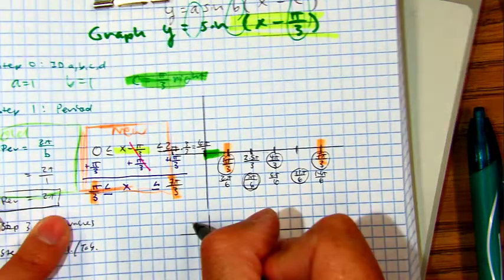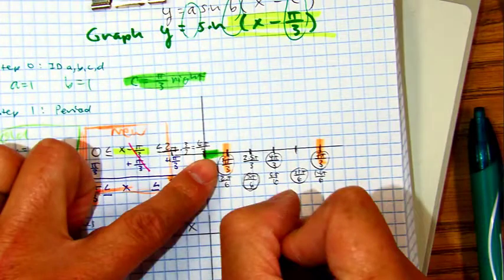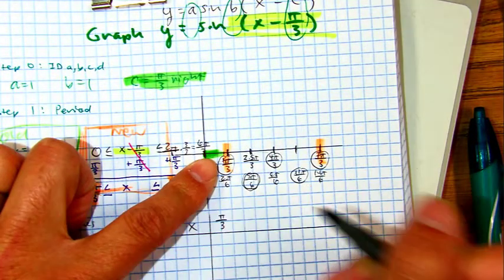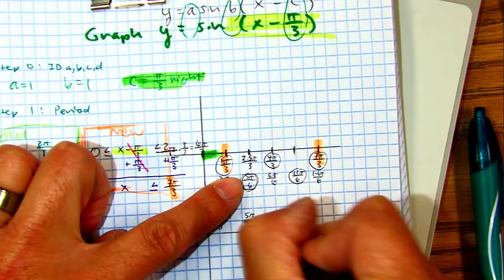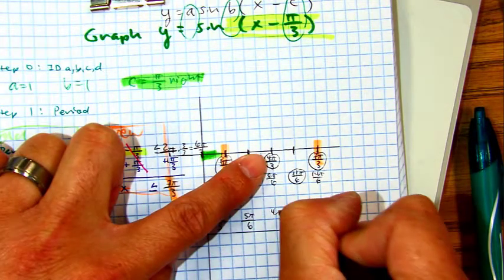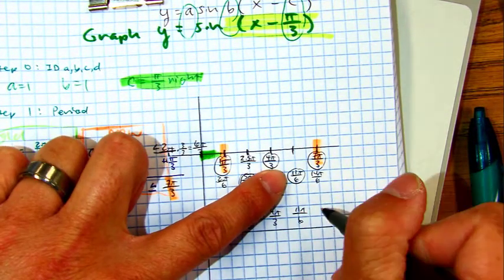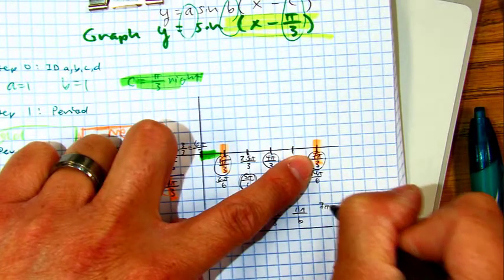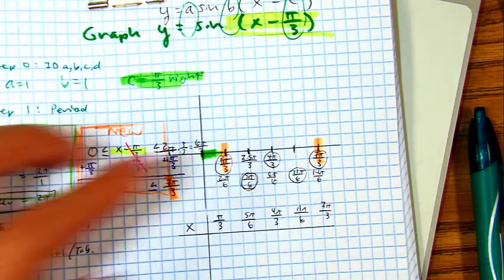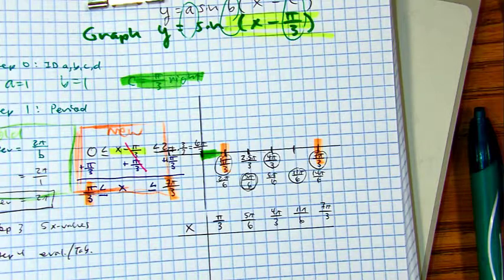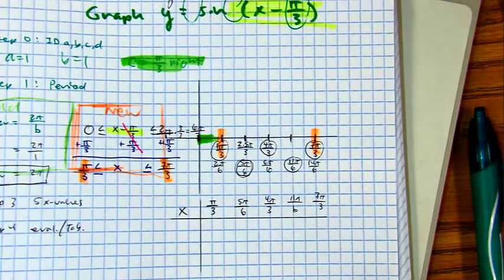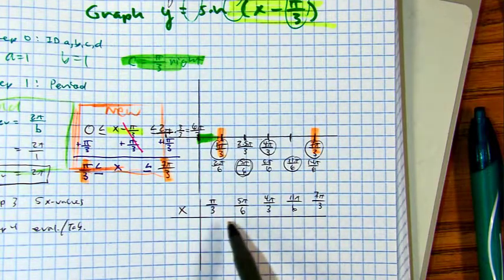So my x values are pi over 3, 5 pi over 6, 4 pi over 3, 11 pi over 6, 7 pi over 3. Now these fractions look daunting. But just like Star Wars, there is a new hope. The hope is that eventually we'll get to the quadrantal angles. Does that make sense? Alright.